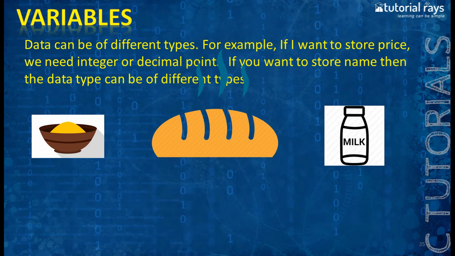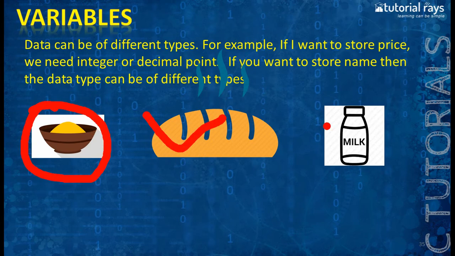Take an example here. Suppose you have three different articles here. This one is curry, this one is a loaf of bread, and this one is milk.